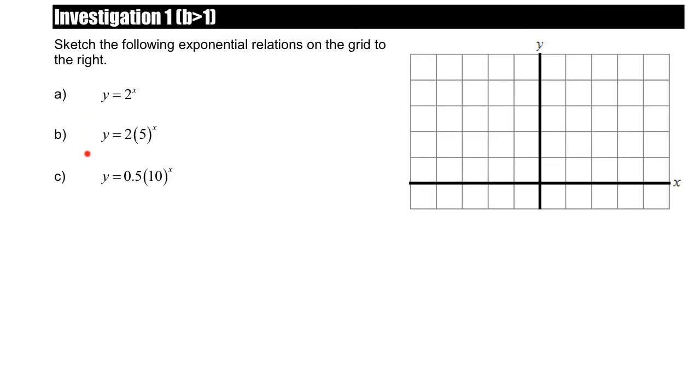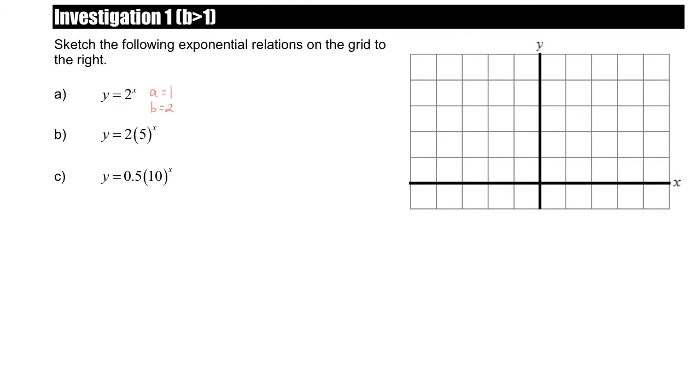So here we have 3 different equations. They're all examples of exponential growth because the b value in each is greater than 1. So let's look at the first one. B is 2, so that's our growth factor. What's a? We don't see a number in front. That means it's a 1.